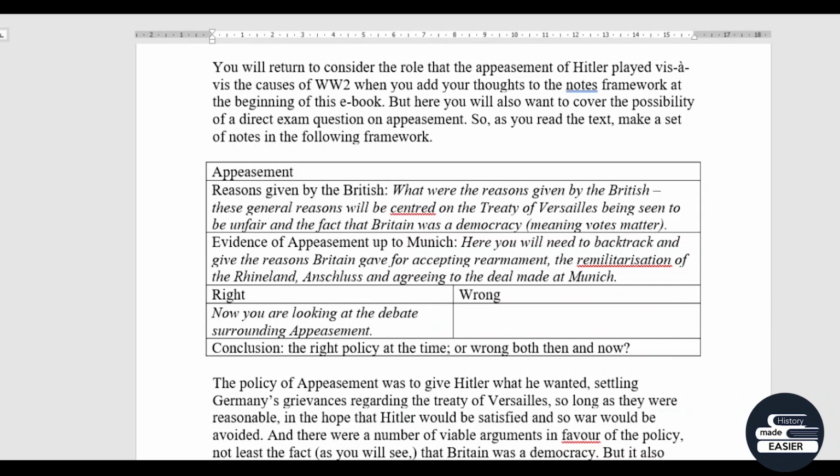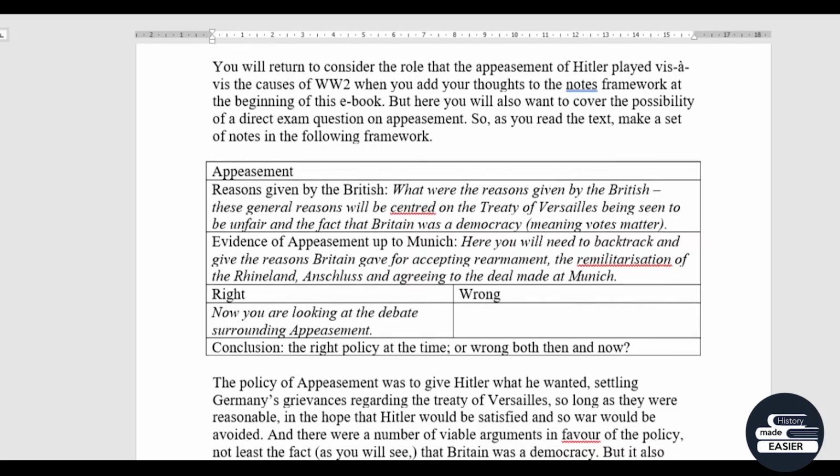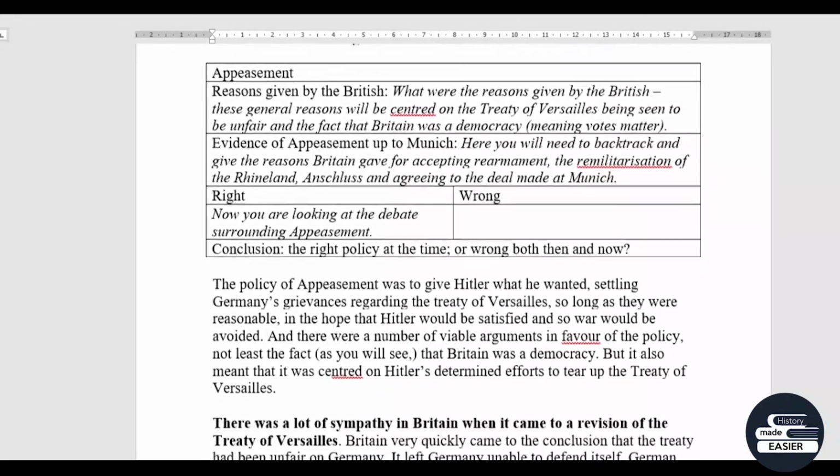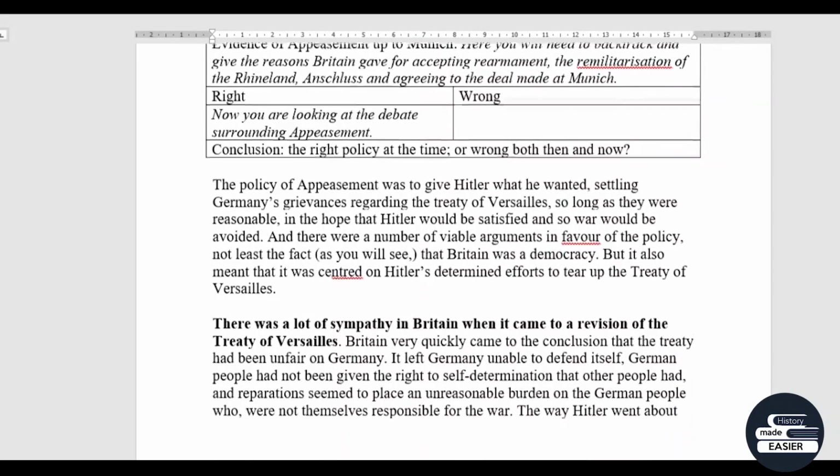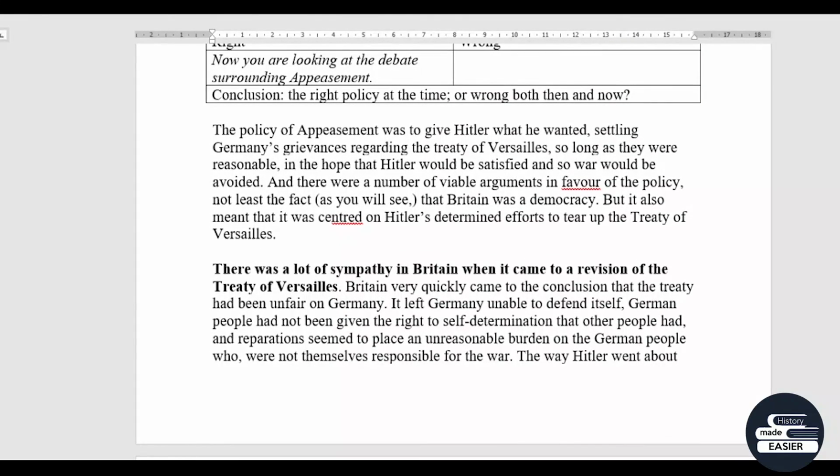I've gone through this before setting this up, and I've put the kind of headline figures in bold for you. So you can see that I begin with the fact that there was a lot of sympathy in Britain when it came to a revision of the Treaty of Versailles.